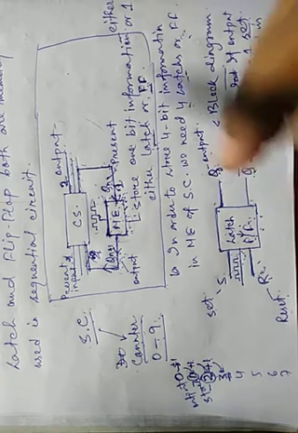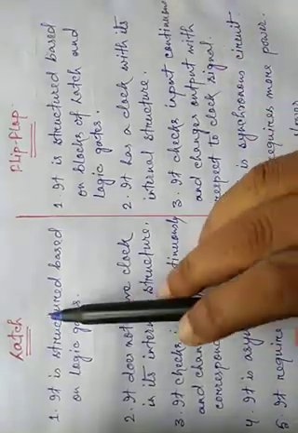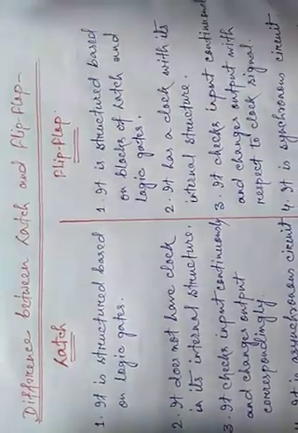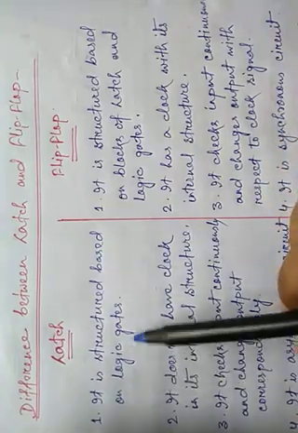Now let us see the differences between latch and flip-flop. First, a latch is structured only from logic gates, while a flip-flop is structured from a latch plus logic gates.